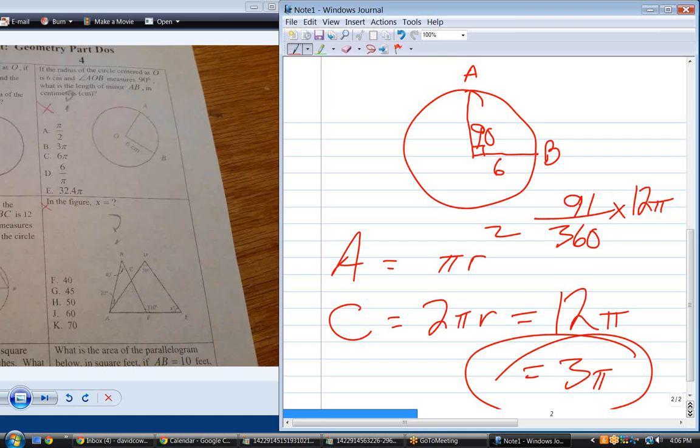Since it's exactly 90, it's exactly 1/4 of the circle. But it wouldn't have to be. Whatever percentage this angle is of 360, you get it that way, and that's how you do that.